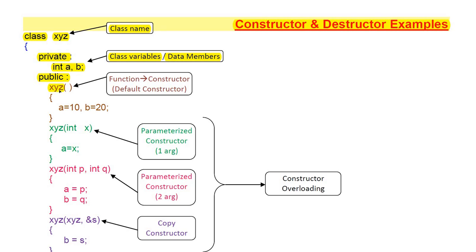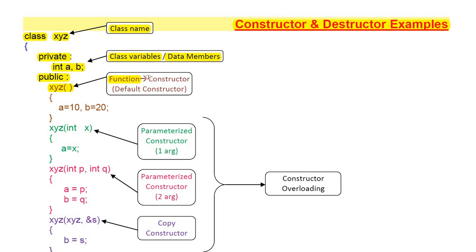Actually this is a function because the name is attached with opening and closing parenthesis. Any name which is attached with opening and closing parenthesis is called a function. So basically it is a function, but the name of this function is the same as the class. The function name is XYZ and the class name is also XYZ.